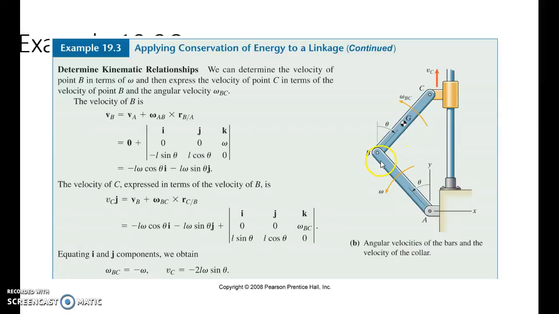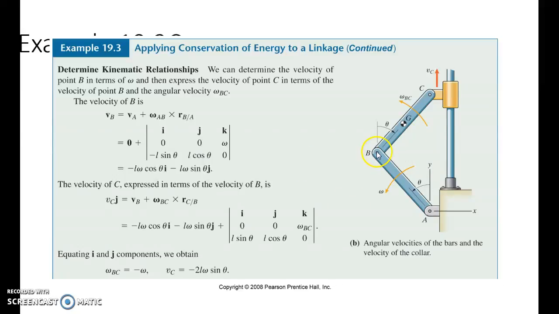Now I know that the velocity at B due to bar AB's movement will be the same velocity at B due to bar BC's movement, because BC and AB are pin connected at B, so it's the same velocity even though it's 2 different bars.